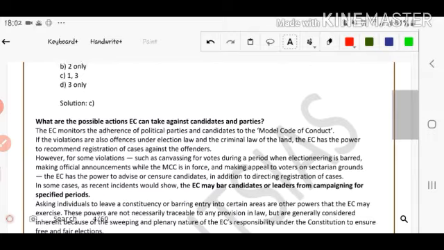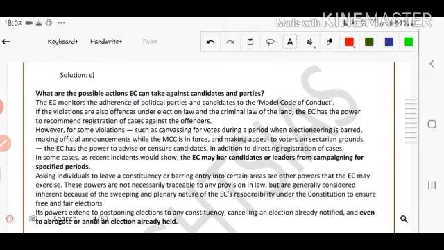Let us see what possible action the Election Commission can take against candidates and parties. The Election Commission monitors the adherence of a political party and candidate to the model code of conduct. If the violations are also offences under election law and the criminal law of the land, the Election Commission has the power to recommend action or deregister a party, as we saw earlier.